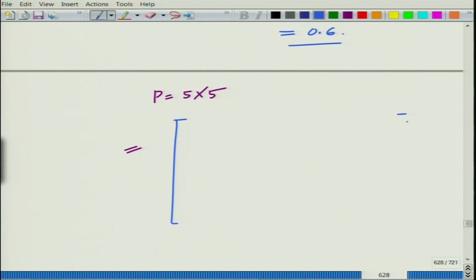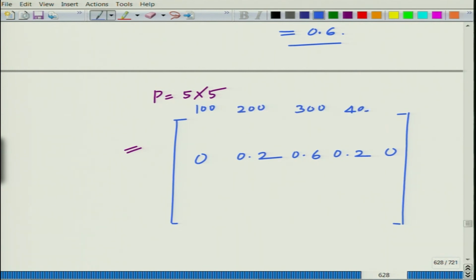We have already computed the third row, row number 3. So, that is going to be 0, 0.2, 0.6, 0.2, 0. And I am just going to write the prices over here, 100, 200, 300, 400, 500, and these are also 100, 200, 300, 400, 500.